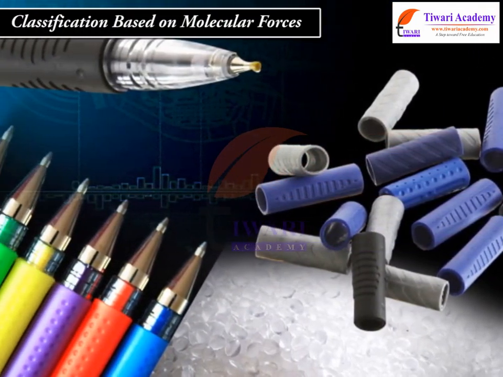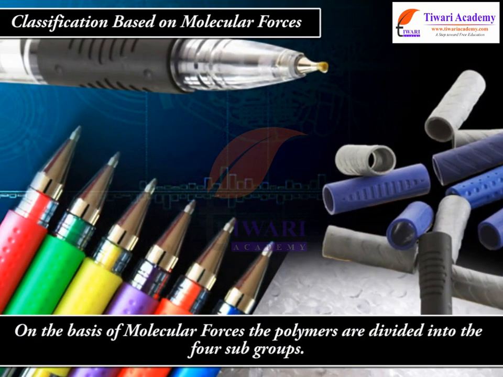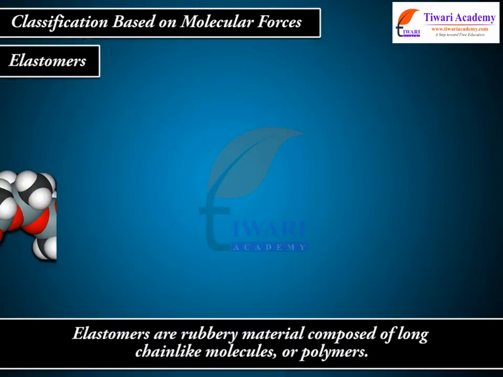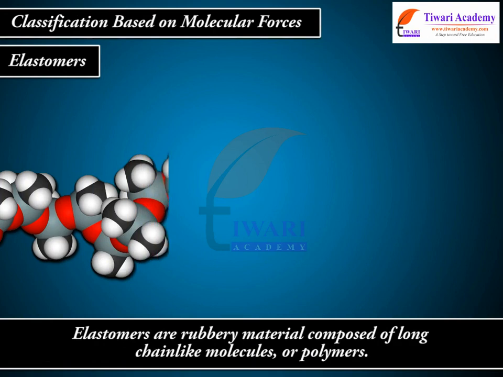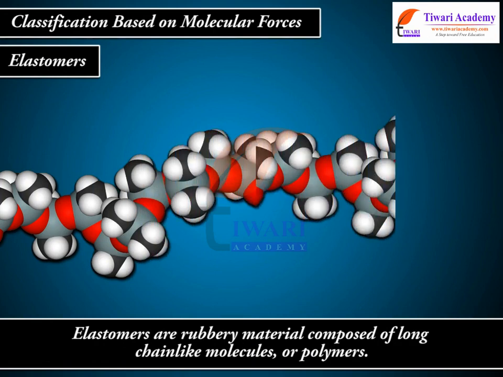Classification based on molecular forces. On the basis of molecular forces, the polymers are divided into four subgroups. Elastomers. Elastomers are rubbery materials composed of long chain-like molecules or polymers.